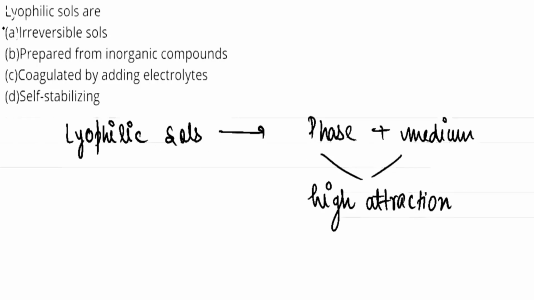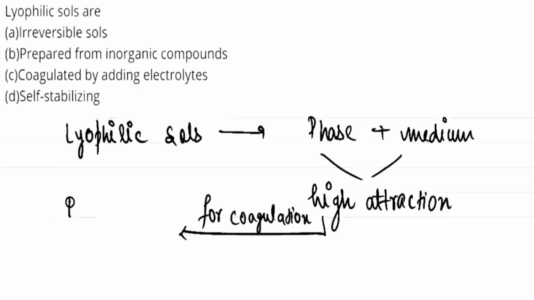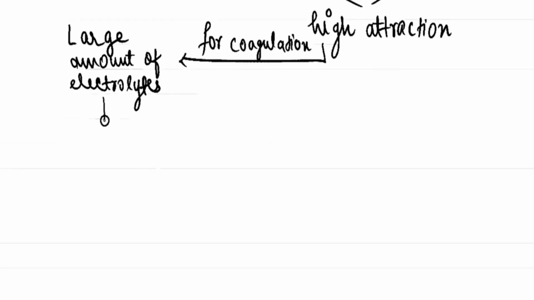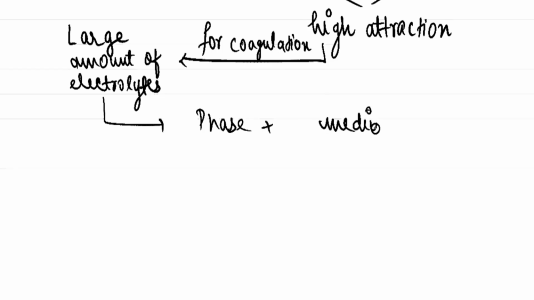Because of this, for coagulation a large amount of electrolytes is required. If we add a large amount of electrolytes, then the phase and medium we get after separating them are obtained in the same phase.